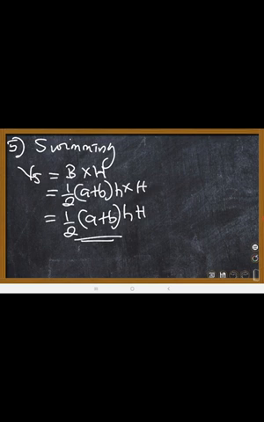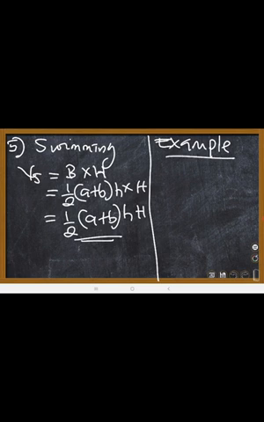So we are going to take in one example before we end this lesson. Example. Given a cylinder whose height is 5 centimeter and diameter 14 centimeter, calculate the volume.